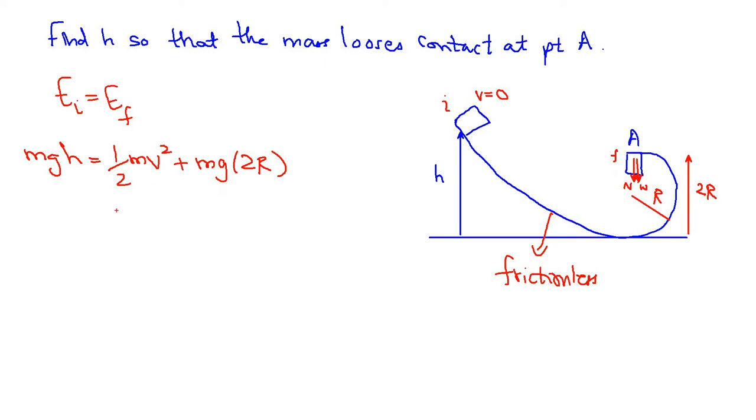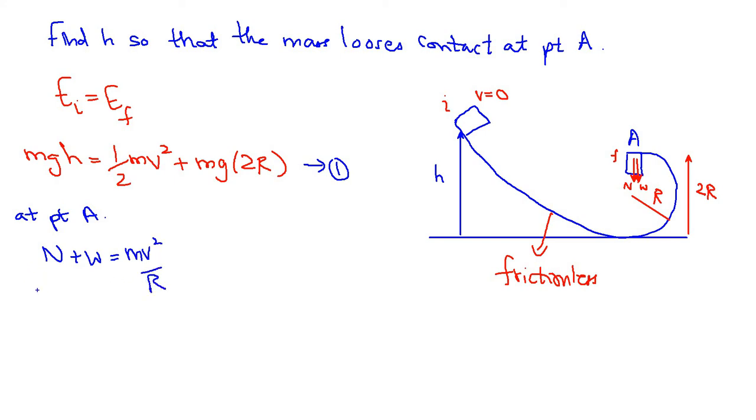These 2 forces together play the role of centripetal force. They are the only 2 forces acting towards the center, and therefore the sum of these 2 is going to be equal to mv squared over r. Let's call this equation 1. So at point A, n plus w is equal to mv squared over r.